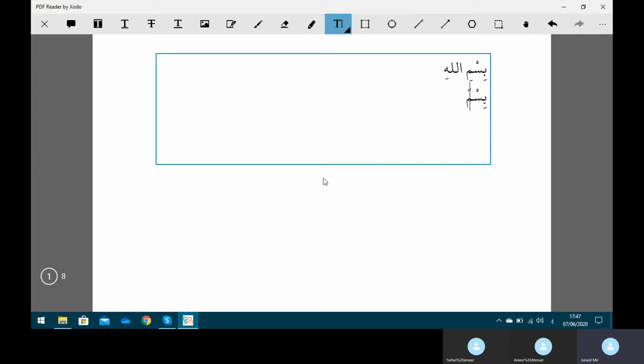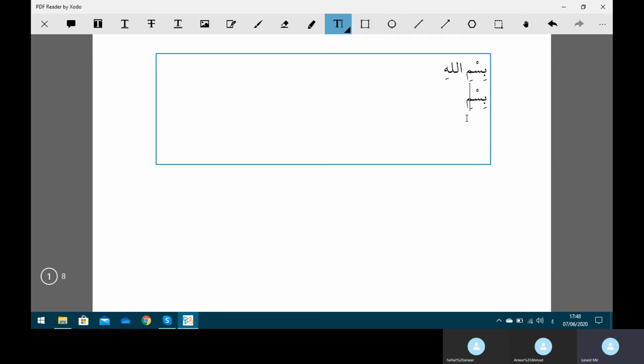So bismun. But we notice it's bismin, because B is a harf jar. So instead of being raf'un, harf jar makes it jarun. That's what it does. And you notice it has me and not min. That's for another reason which we will learn later, so don't worry about that for now. The main takeaway is it's not bismu, but it's bismi.